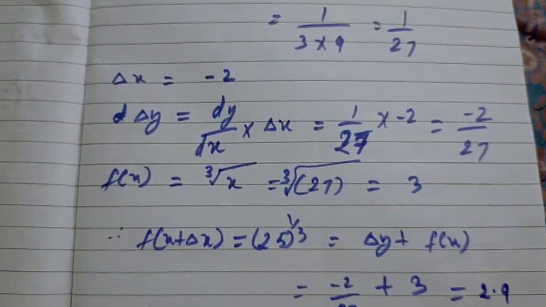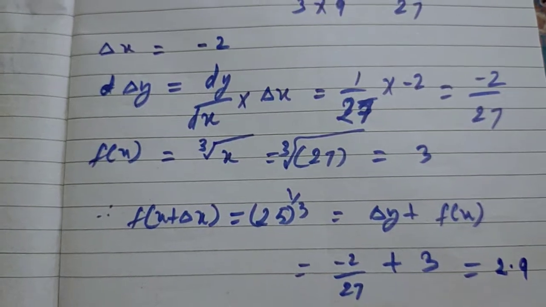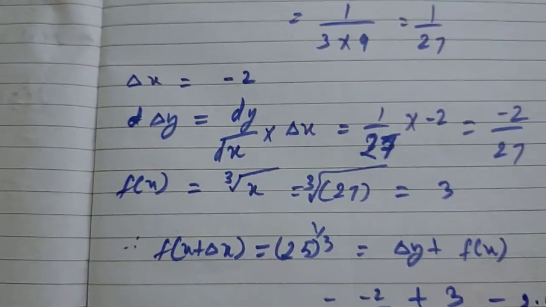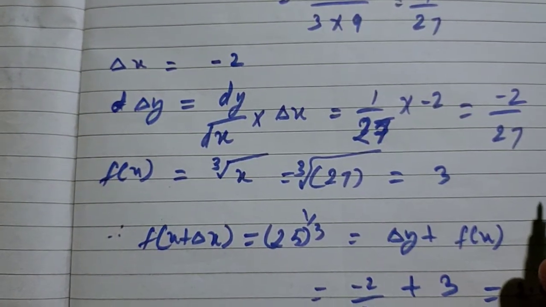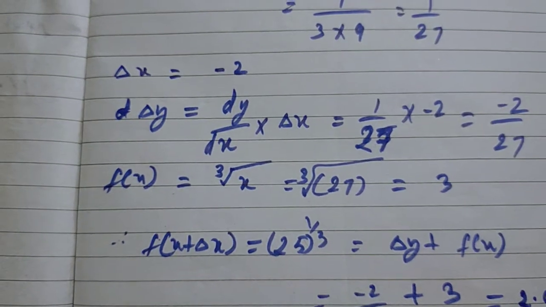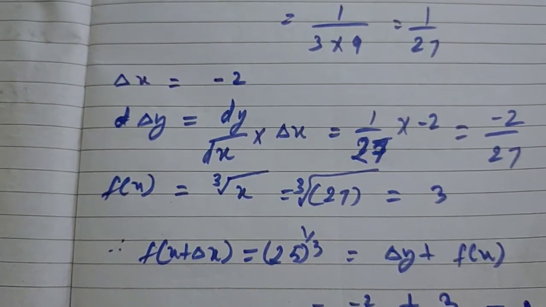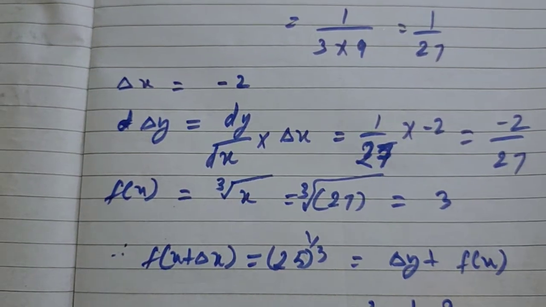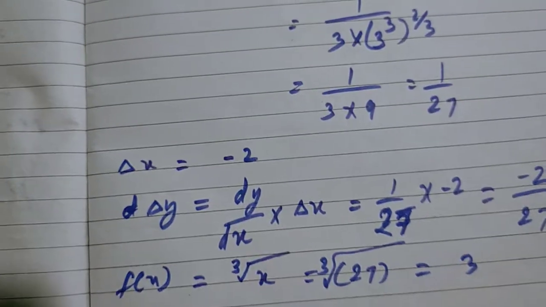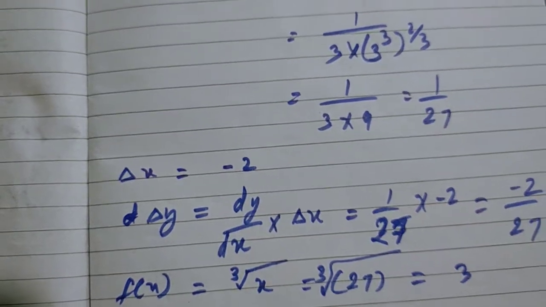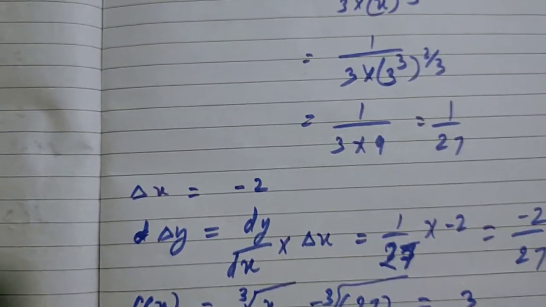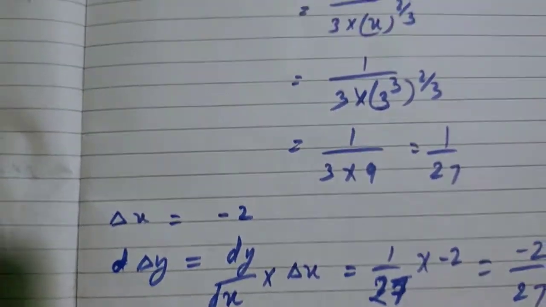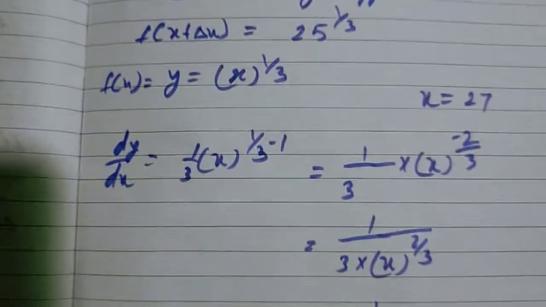Okay, so this is the way we have to solve all these questions. We have to only focus on delta x and delta y. So in finding delta x, we can see somewhere we have to take negative, somewhere we have to take positive. So let us see why we have taken negative.